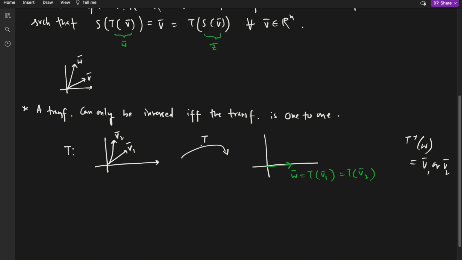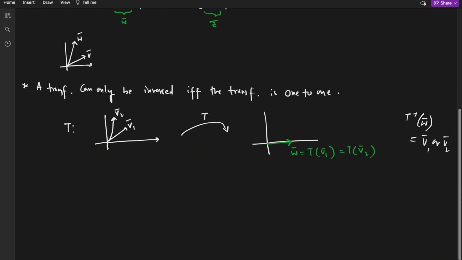Because T has transformed both V1 and V2 to W. You cannot invert W to get V1 or V2. It's very intuitive, because both V1 and V2 are transformed to W, now you cannot go back from W.